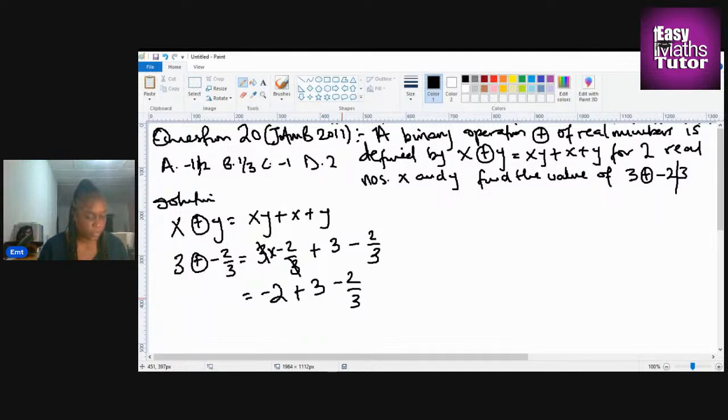Minus 2 plus 3 is 1, minus 2 over 3, which is 1 over 3. So our correct answer, this was a rather simple, short problem, is B.